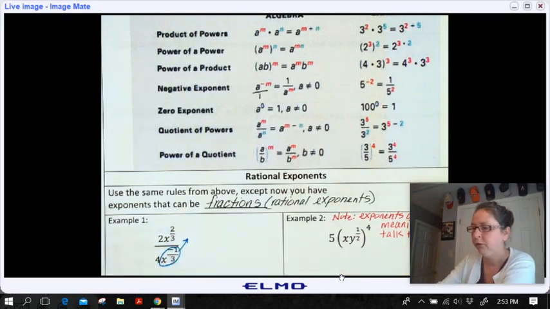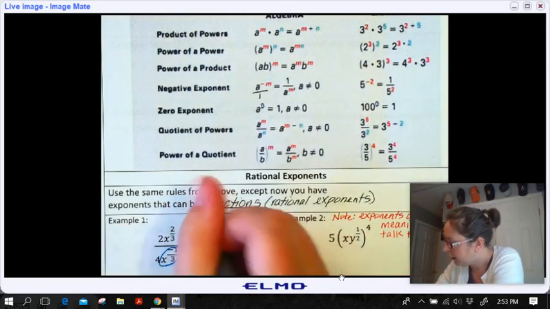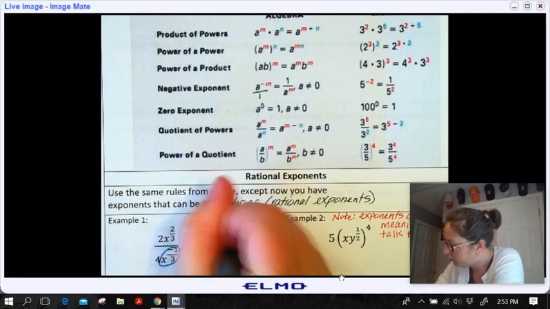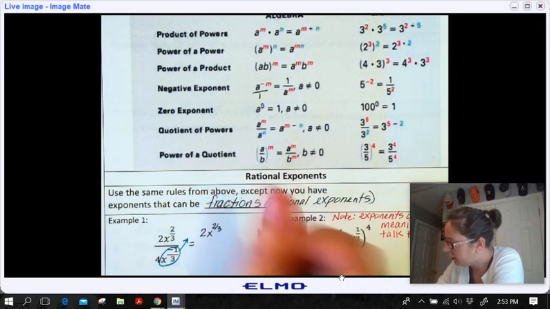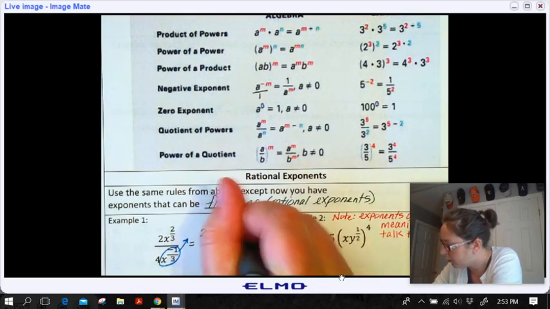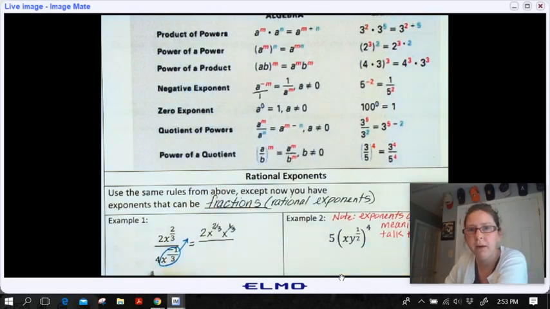Okay, and so let me go ahead and write out to the side what this equals now. I have 2x to the 2/3, and now I have x to the 1/3. Now the 4 is its own base, so the 4 did not move anywhere. It's still in the denominator.